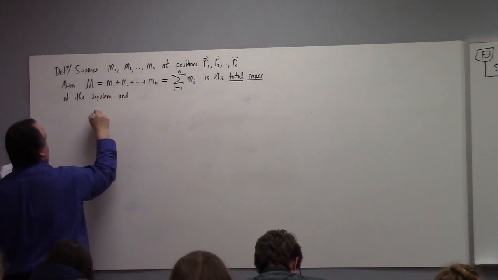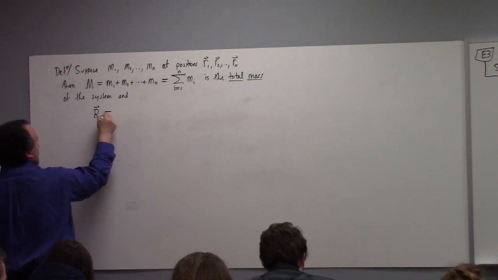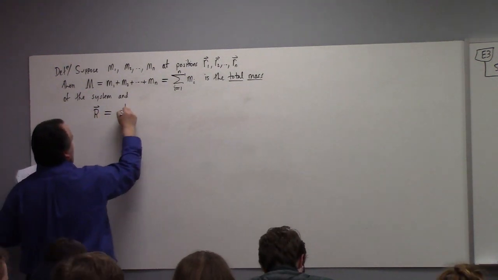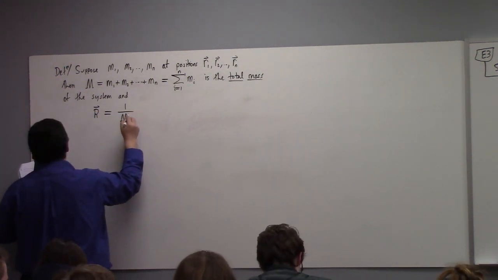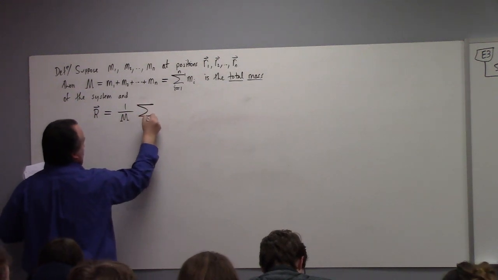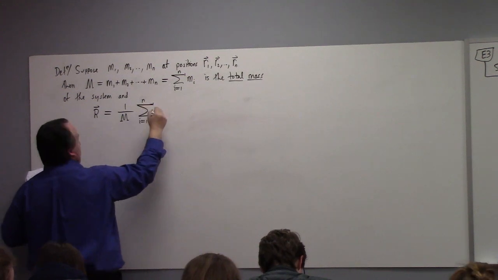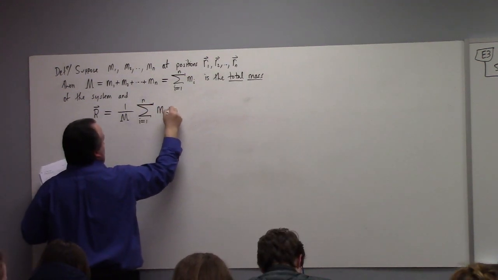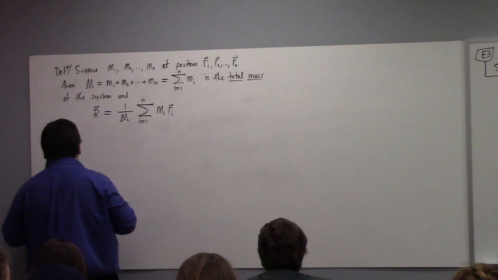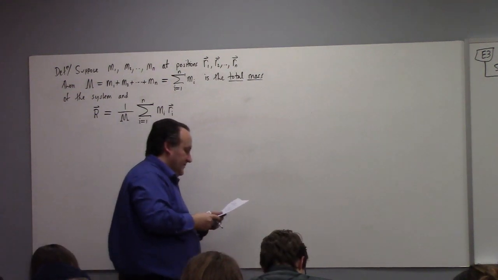And big R, vector, is equal to 1 over the total mass times the summation from i equals 1 to n of M sub i R sub i. This is the center of mass.